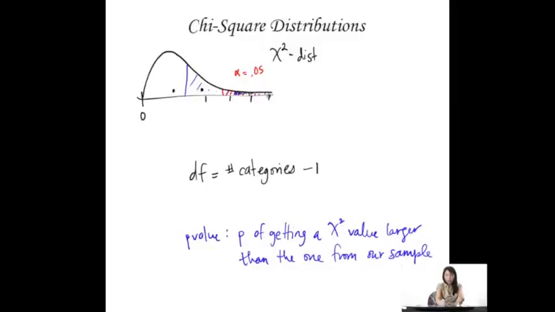Remember, in this world, which one is true? The null hypothesis is true. So considering that the null hypothesis were true, this would be the probability of getting such an extreme chi-square value, one that's that large or larger. That's what we mean. So in that way, the p-value is from our data, while the alpha is not from our data. It's just something we set as the cutoff.